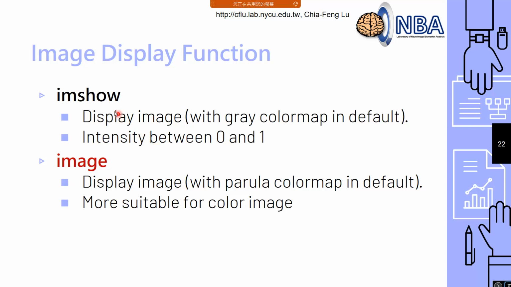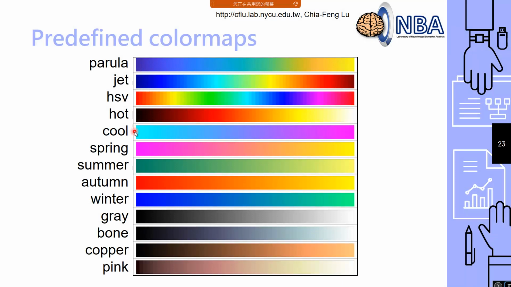For the default value, if you are using imshow, the default color map would be grayscale. If you are using the image function for image display, it will use this one. This is, I think, the new version for the MATLAB display. It is a kind of color map. Actually in MATLAB, there are so many different default color maps you can use.